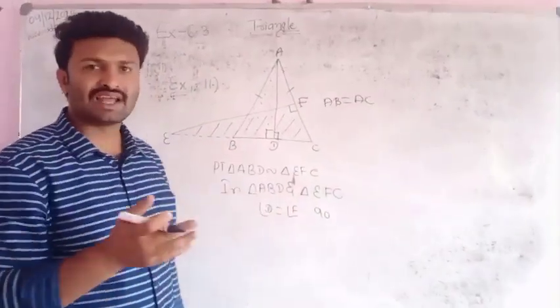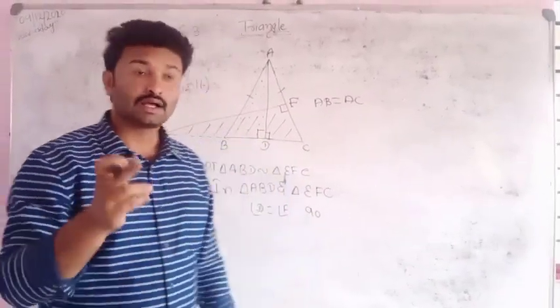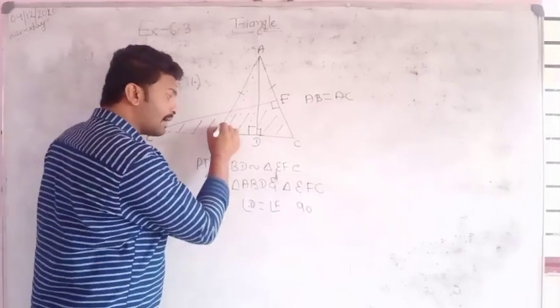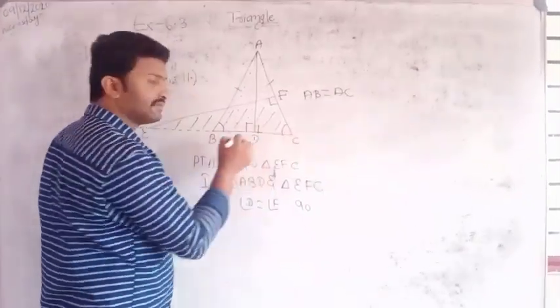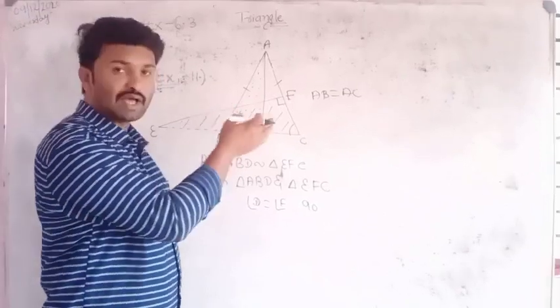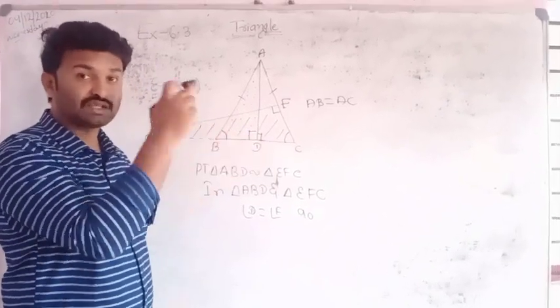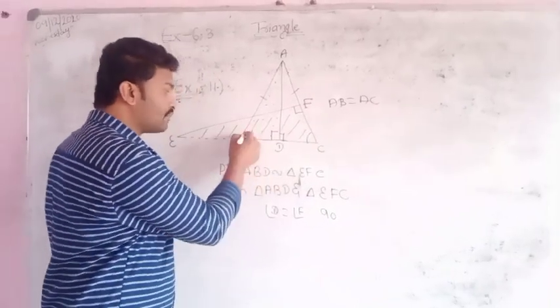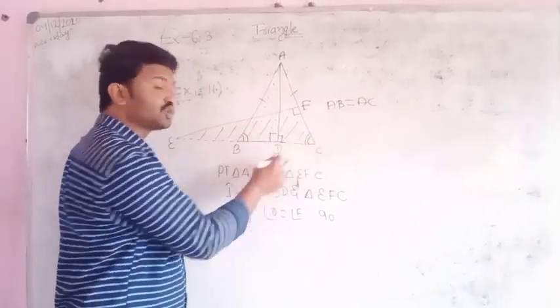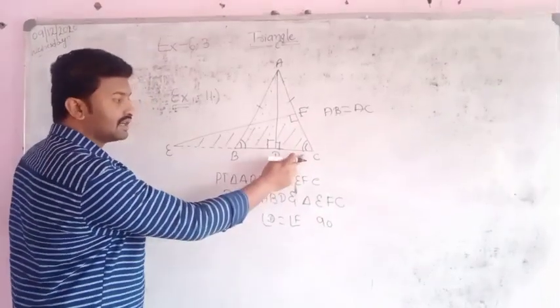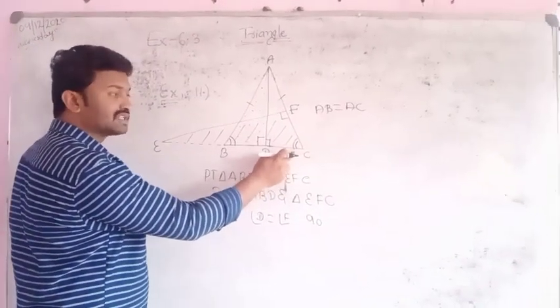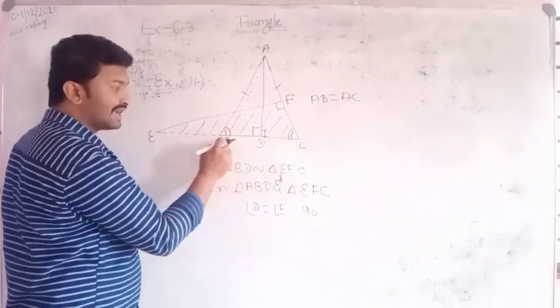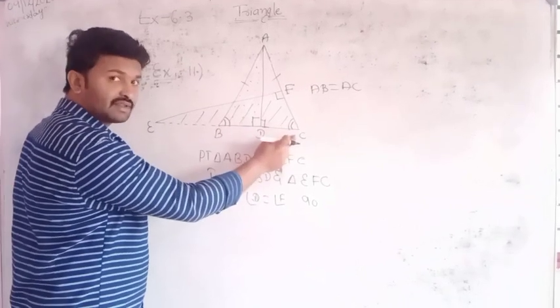In an isosceles triangle, if opposite sides are equal, then the two base angles are also equal. Angle B equals angle C, correct?